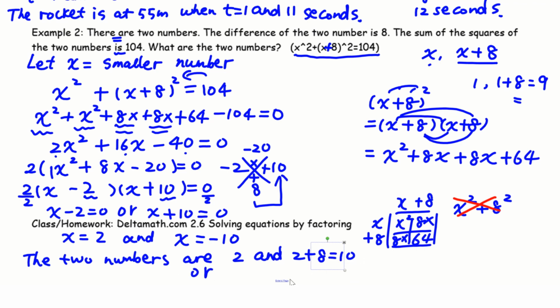Or the smaller number is negative 10 and the larger number is negative 10 plus 8 give you negative 2. So you will have two solutions, two different pairs of numbers. One pair is 2 and 10, another pair is negative 10 and negative 2.